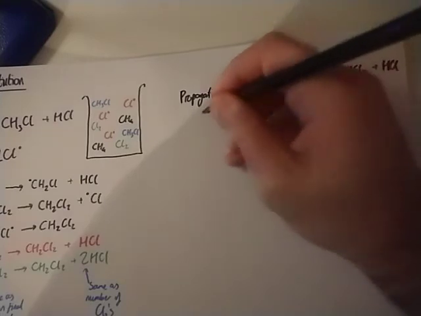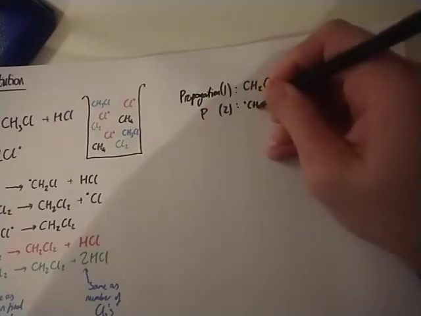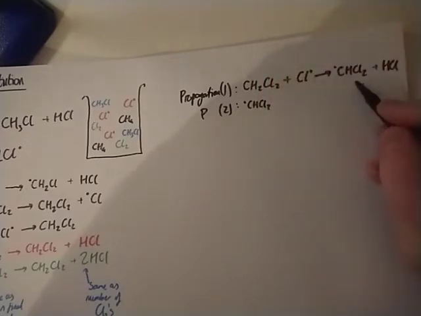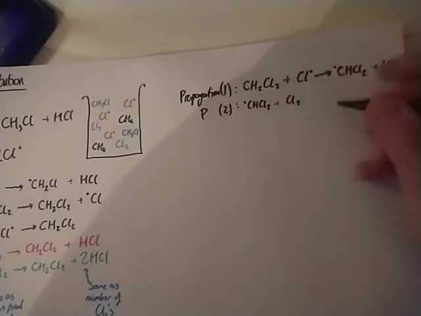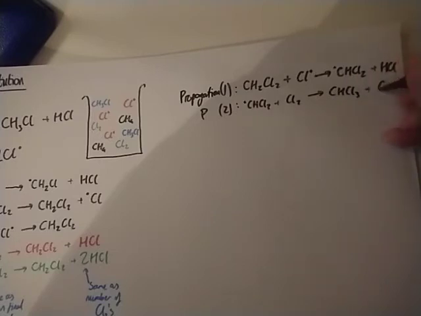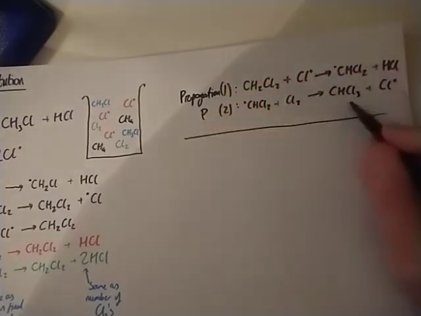So propagation step 2. We're using this CHCl2 radical, reacting it with chlorine to make CHCl3 and reforming the chloride radical. So now we've made trichloromethane.